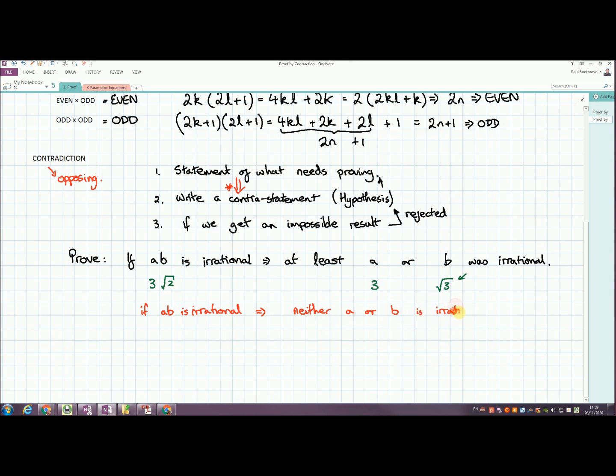That's actually the opposite statement. So what we've now got to try and do is show that A and B can be rational.